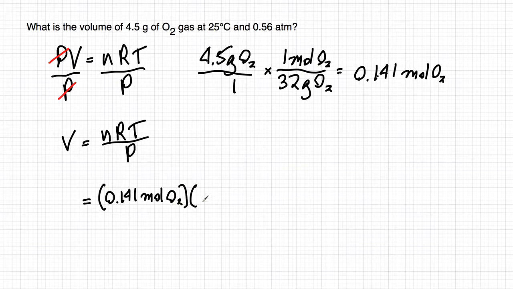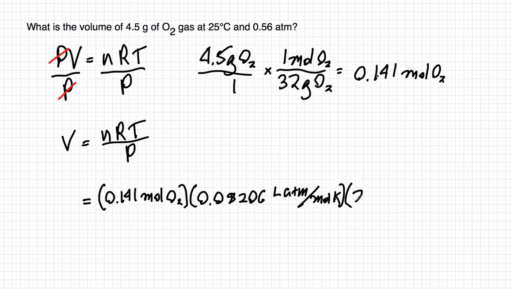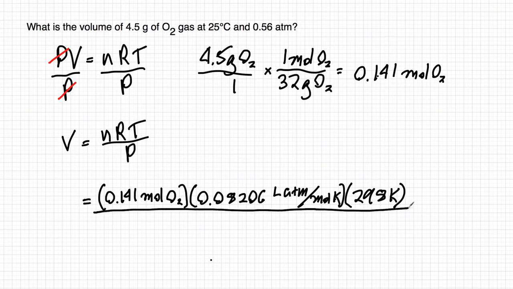And the gas law constant, of course, is 0.08206 liter atmospheres per mole degree Kelvin, and the temperature is 298 K, and the pressure that I'm given is 0.56 atm.